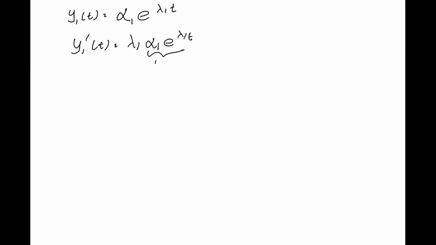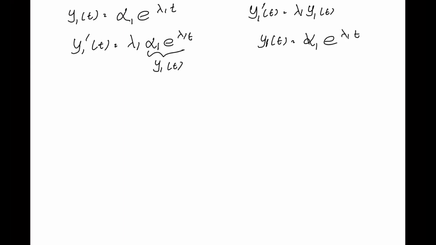The solution to this type of equation, Y1 dash T equals lambda 1 Y1T, means your function's derivative equals some constant times your function. You can easily say that Y1T is some constant alpha 1 times e to the power lambda 1T.